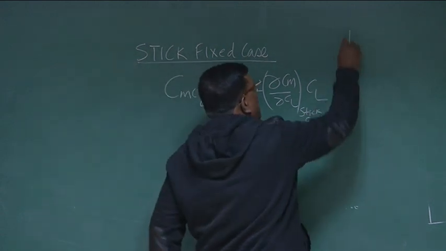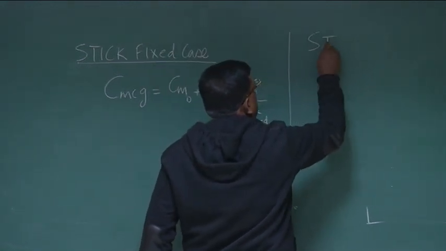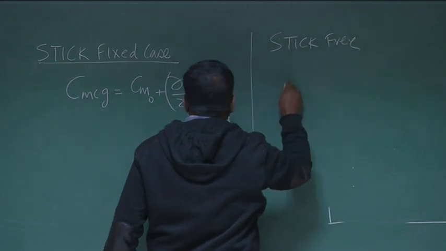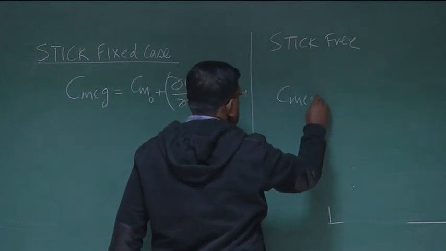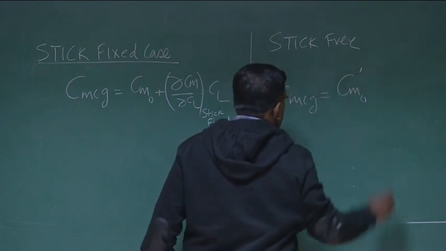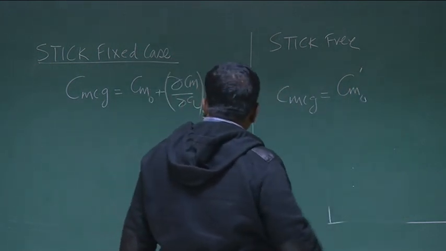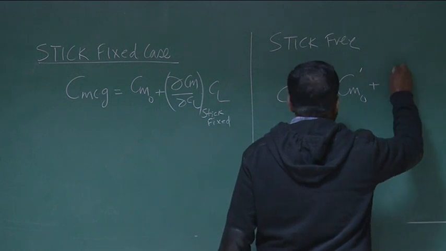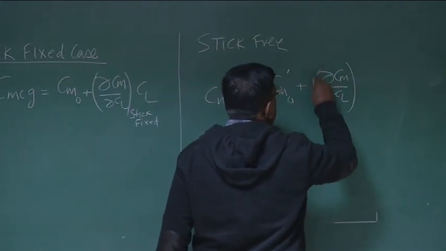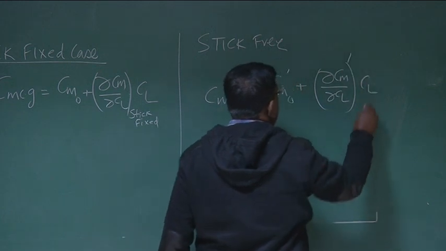For stick free, what will happen? For stick free, CM CG will be equal to CM naught prime plus dCM by dCL prime into CL.